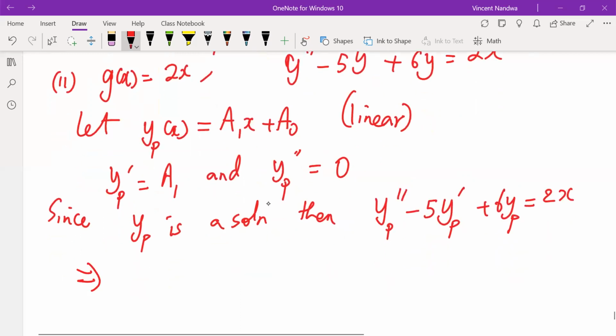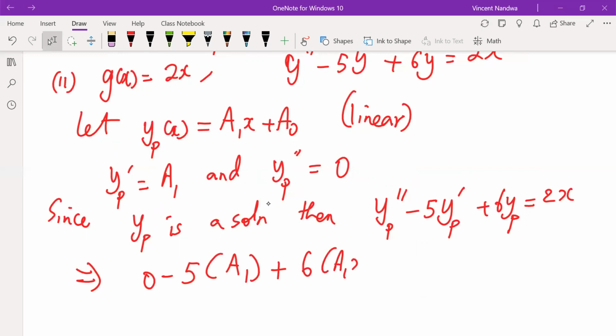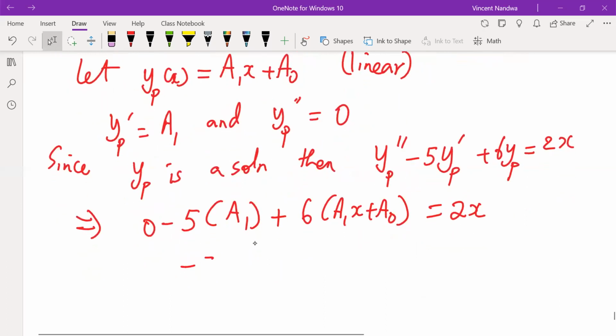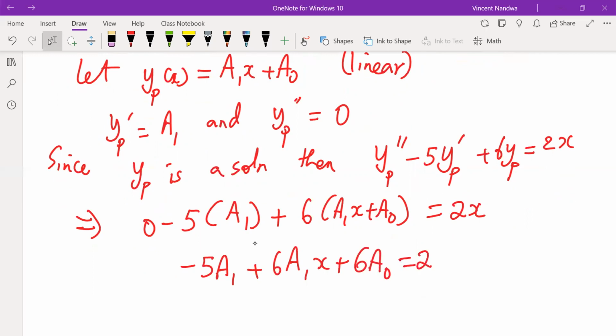So this implies 0 minus 5 into a1 plus 6 into a1x plus a naught should give us 2x, which will be negative 5a1 plus 6a1x plus 6 a naught equals 2x.